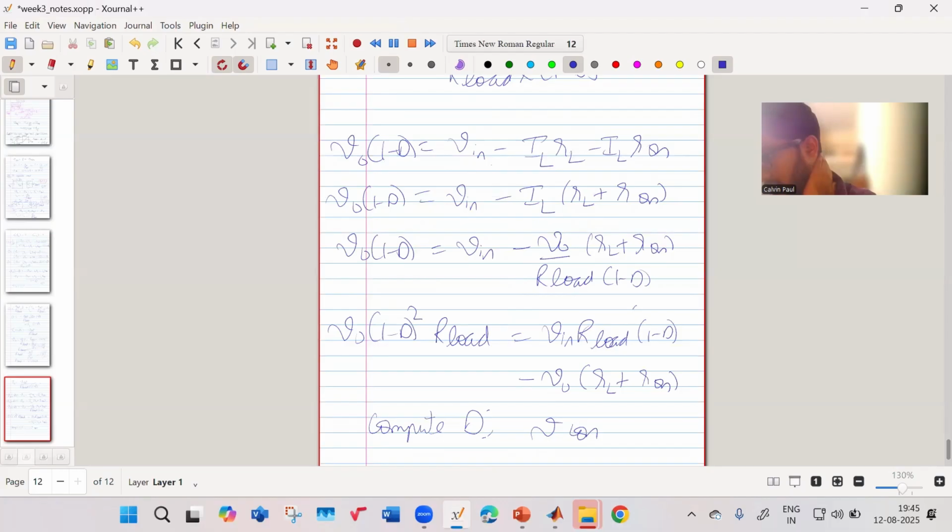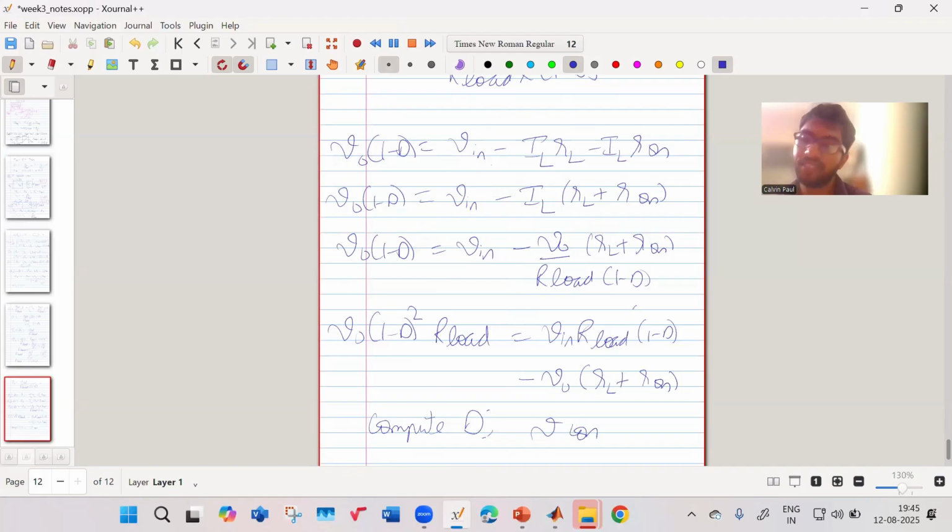We can write V out by V in equal to in that format. V out by V in is equal to what? Ideally, it should be 1 by 1 minus D if there are no parasitics.